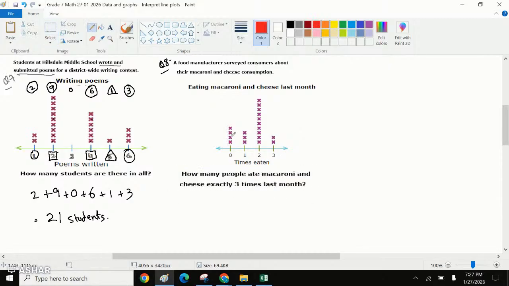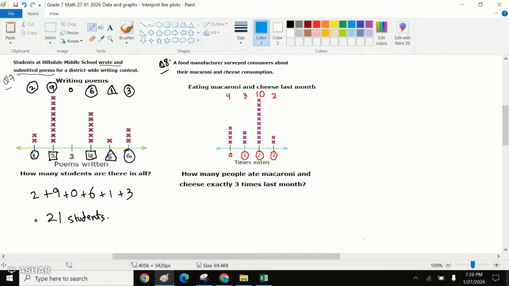There were 4 people who did not eat cheese and macaroni last month. There were 3 people who ate one time. 1, 2, 3, 4, 5, 6, 7, 8, 9, and 10. There were 10 people who ate twice. There were 2 people who ate thrice.